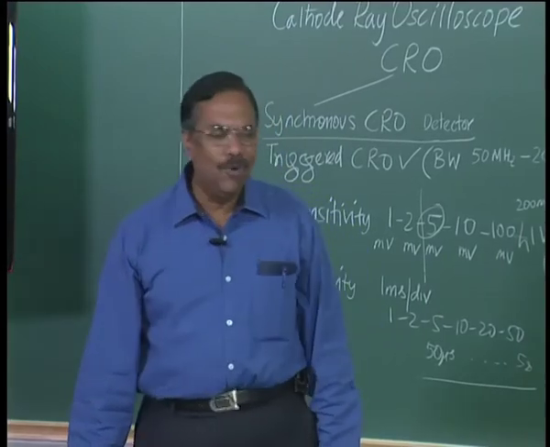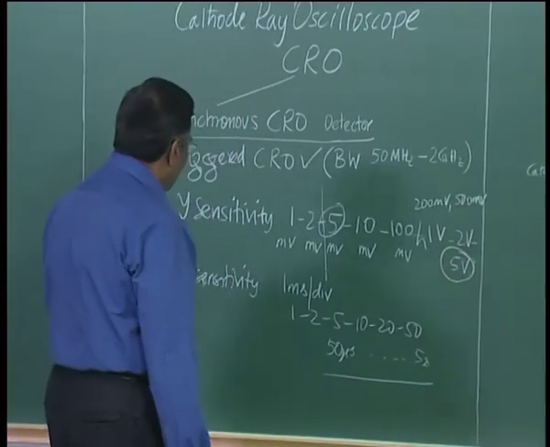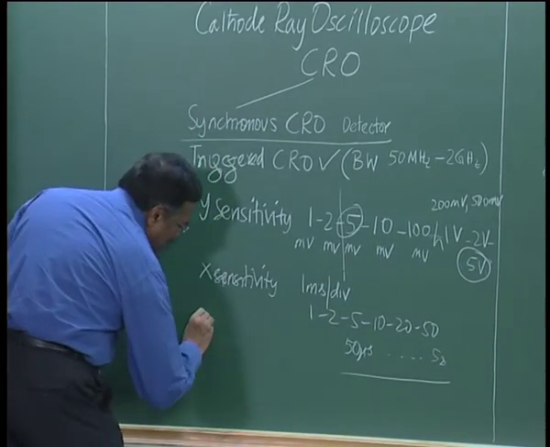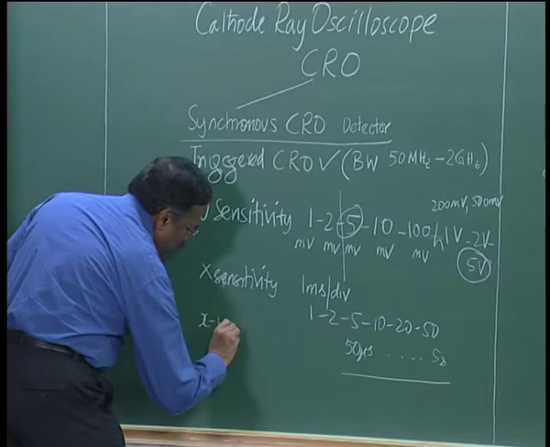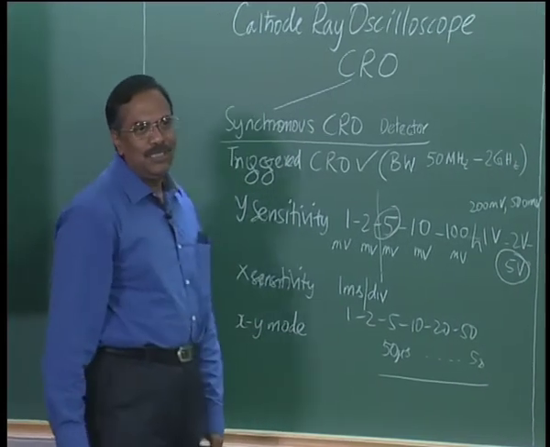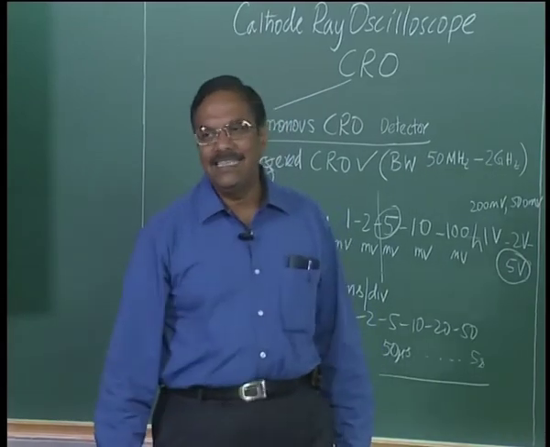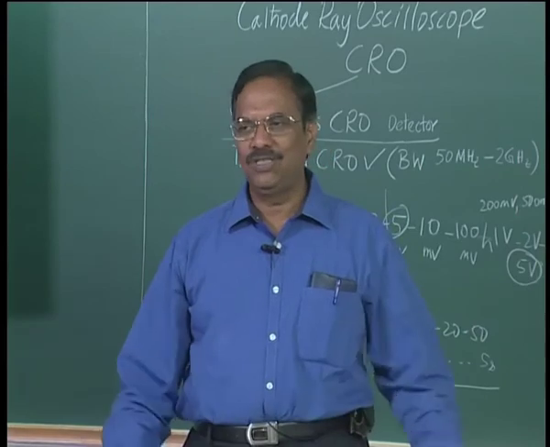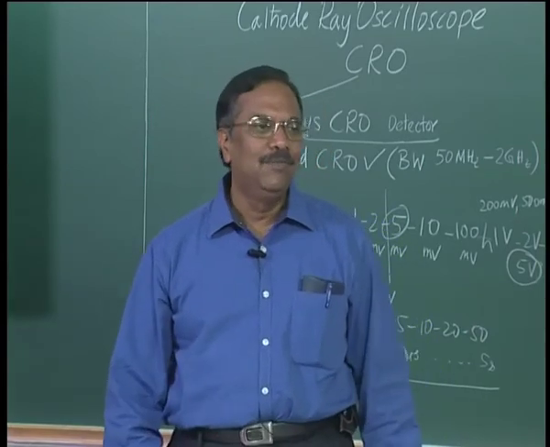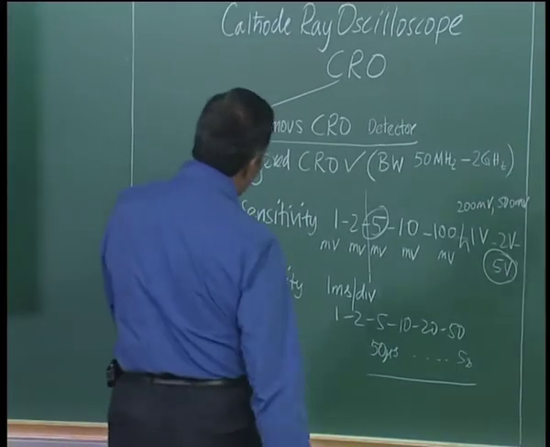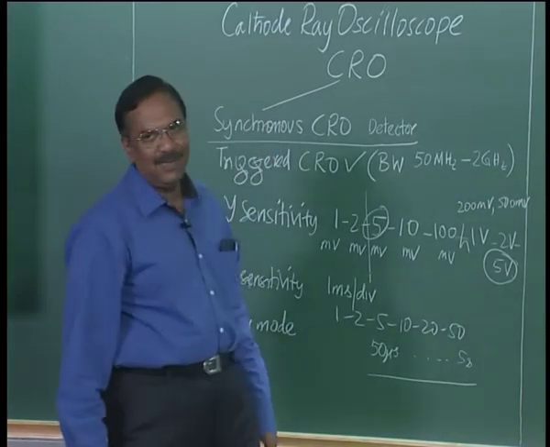So, most of the oscilloscopes also have a mode called XY mode. In the XY mode, the sawtooth generator is switched off. You give both inputs, you have to give as a user both X input as well as Y input. These are certain applications we will see later.